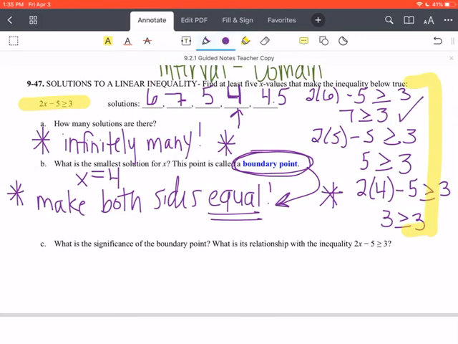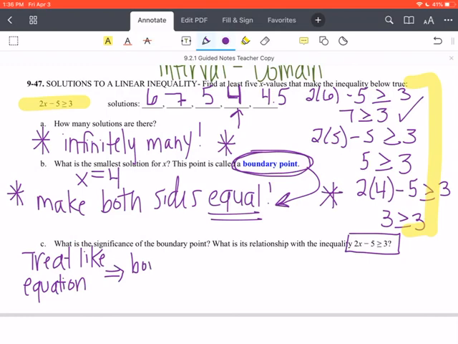So what can we do? Well, we can treat our inequality like an equation. And when we treat it like an equation, that is going to give us the value of x that makes both sides equal, so that is going to find our boundary point.